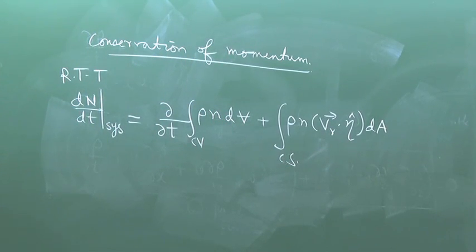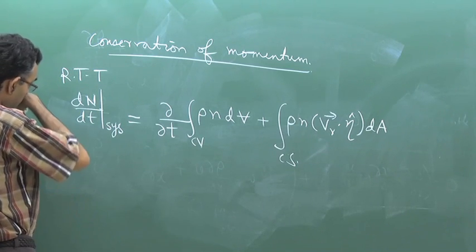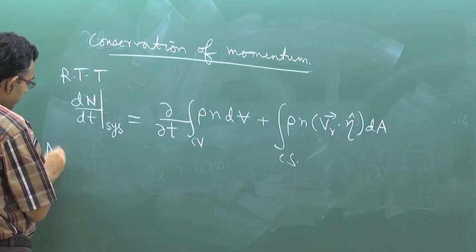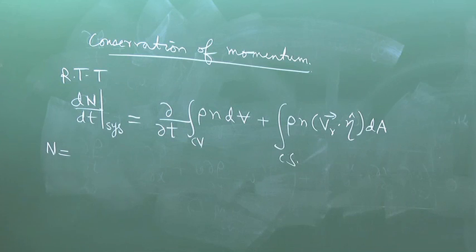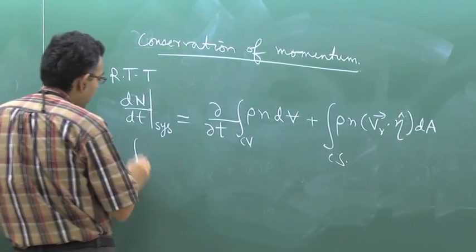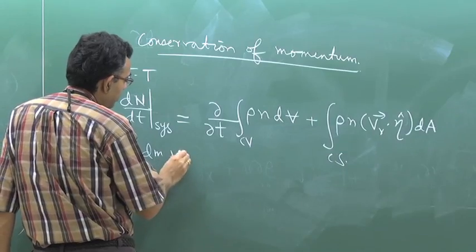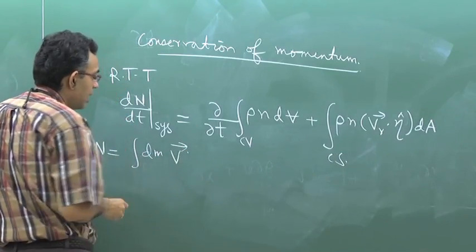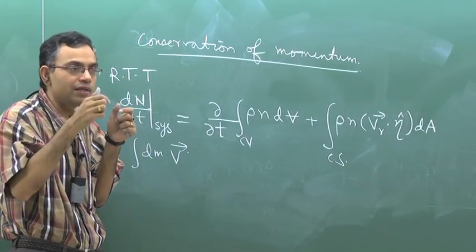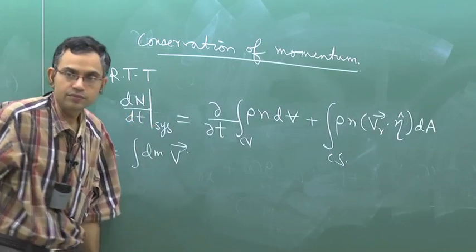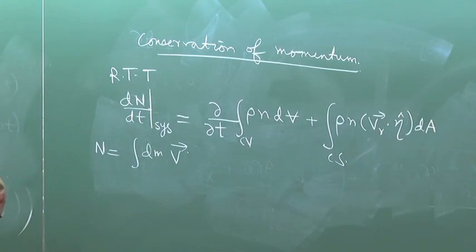So for linear momentum conservation, N is mv, or you can write the integral of dm v, because every mass of the fluid element may have a different velocity, but loosely mv is fine.